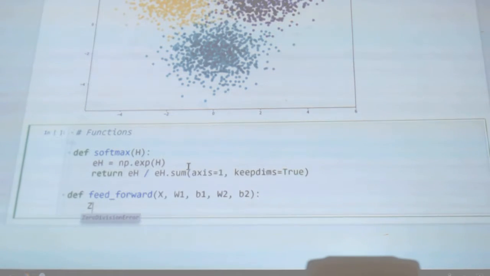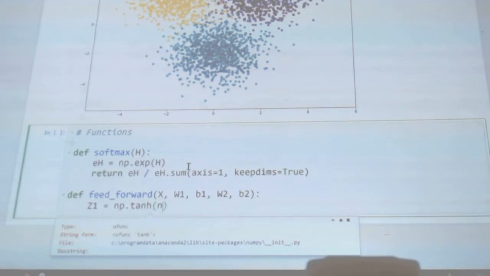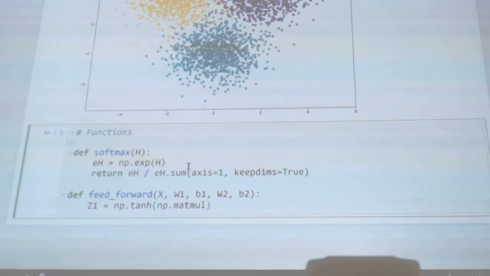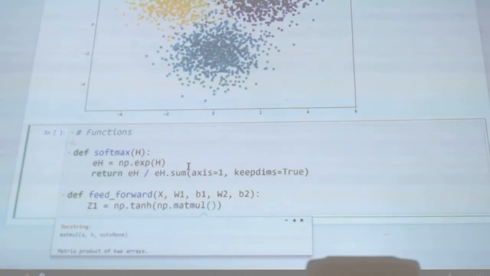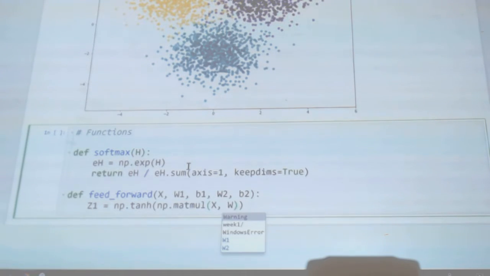So what this is going to do now is calculate the hidden layer. I'll call it Z1, to be consistent, so that this can stay the same for future things that we're going to do. I'm going to apply the hyperbolic tangent at this layer, and this is going to be the matrix product of X with W1 and then plus B1, which is our bias.